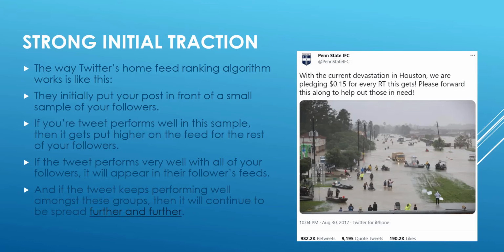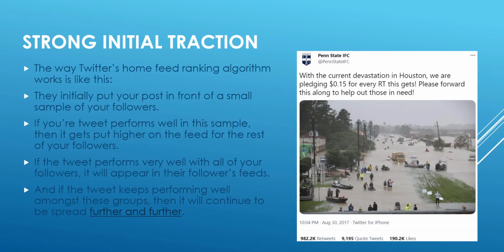If your tweet performs well in this sample, then it gets put higher on the feed for the rest of your followers. If the tweet performs very well with all of your followers, it will appear in their followers' feed.